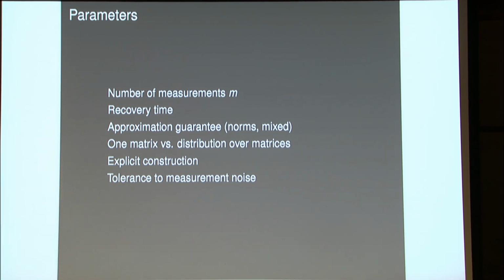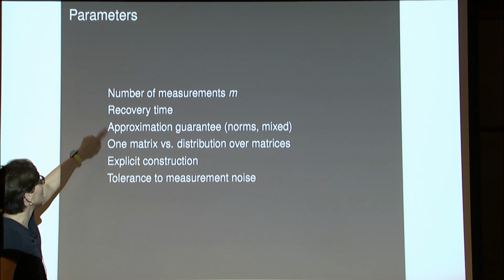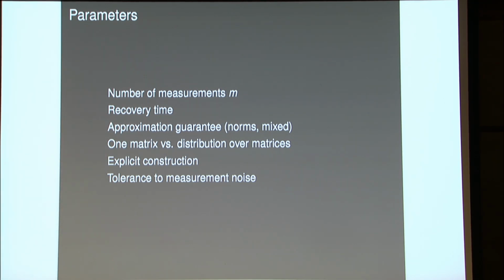Okay, so we talked about approximation guarantees: p and q, and does p equal q, and under what conditions can you get p and q equal to 2, etc. I hinted that an answer to this question lies in whether or not you want to guarantee the existence of one matrix, or whether you want to play a different sort of game where you specify a distribution over matrices, you draw the vector, you then draw the matrix, you take the measurements.